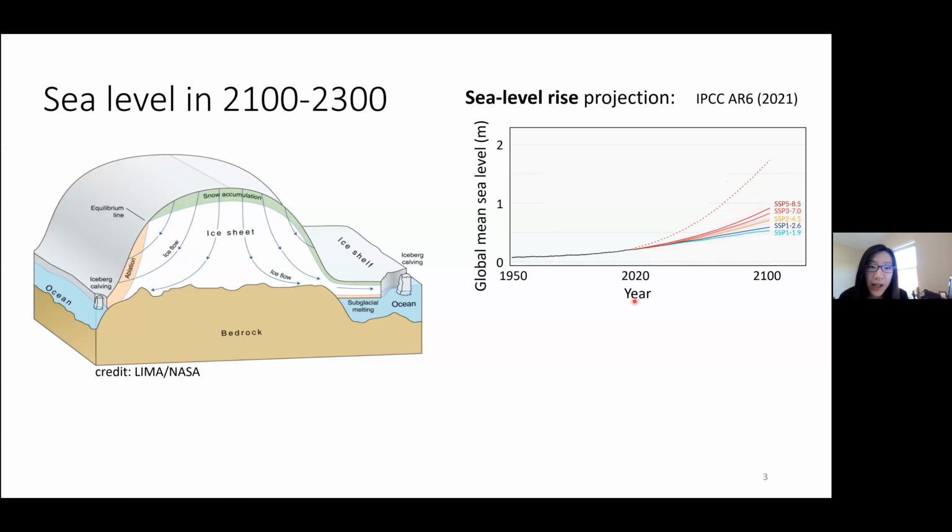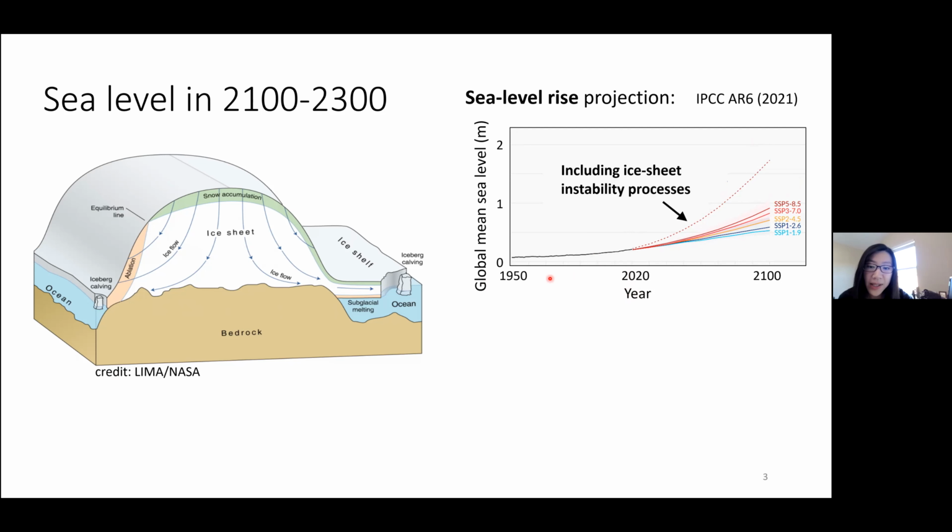This is the prediction of the global mean sea level rise in the next 100 years from a recent IPCC report. In the high emission scenarios, we'll likely get a meter of global sea level rise by 2100. This prediction does not include ice sheet instability processes, which are highly uncertain.